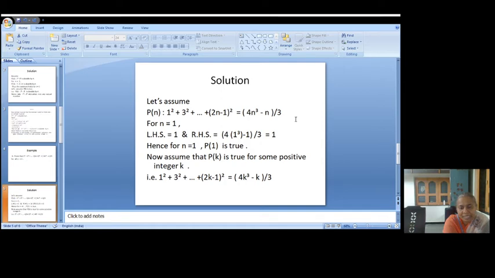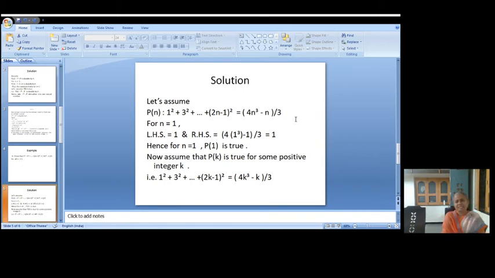That's why p of n means 1 square plus 3 square up to 2n minus 1 bracket square is nothing but 4n cube minus n whole divided by 3. Now actually we want to prove this statement using the principle of mathematical induction. Firstly we prove that the principle holds for n equal to 1, and therefore we take n equal to 1 there.